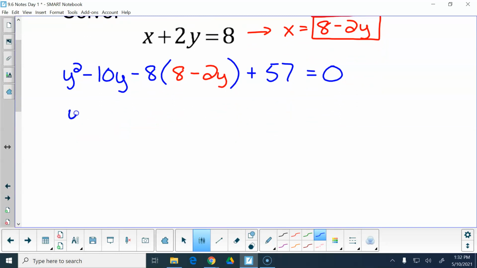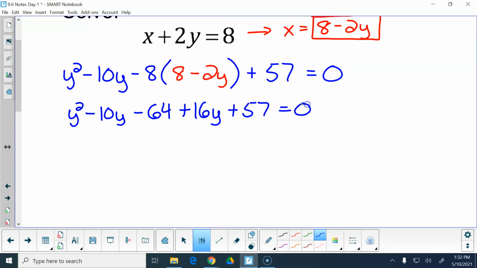Y squared minus 10y minus 64 plus 16y plus 57 equals 0.